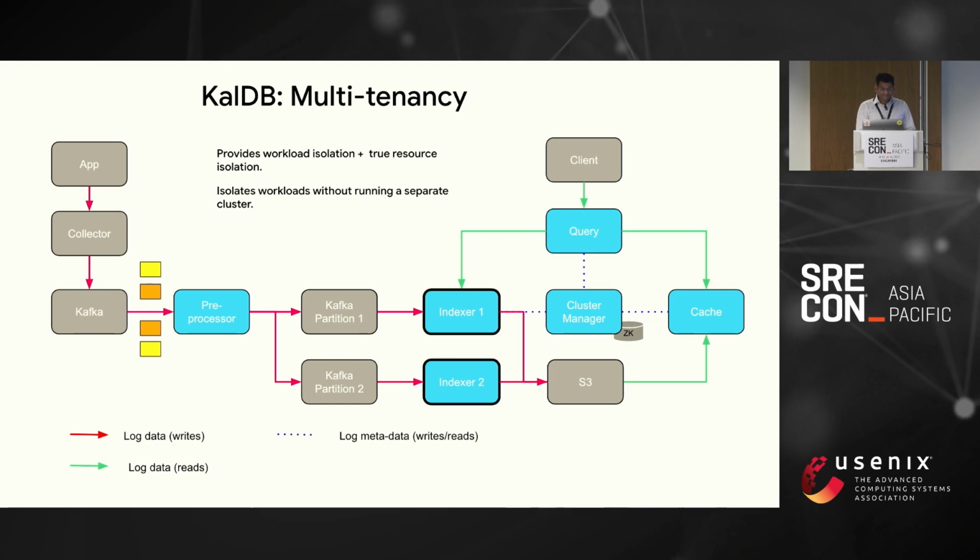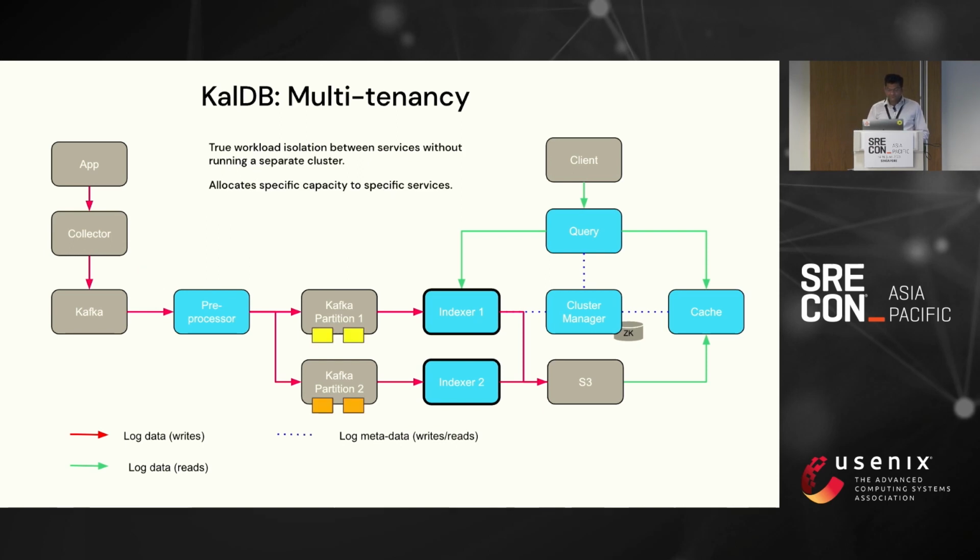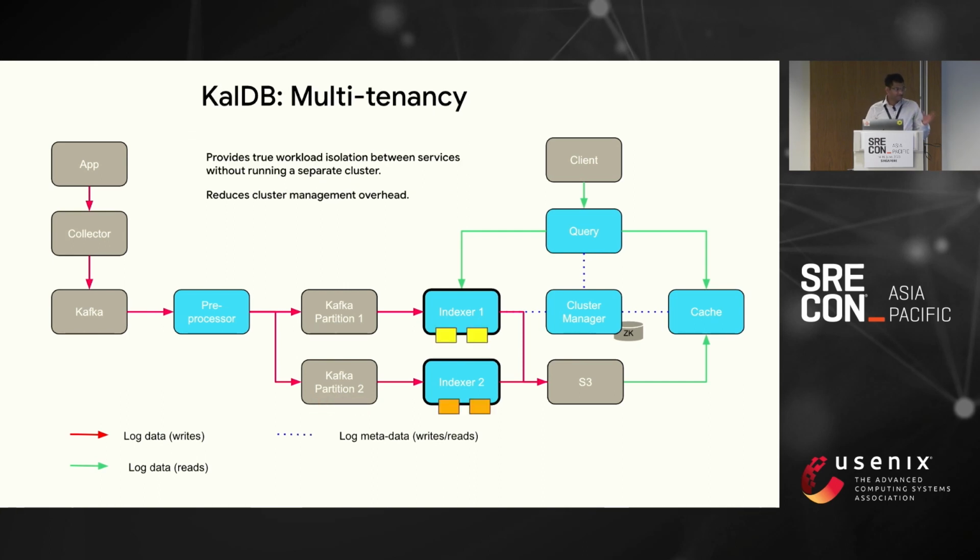So we wanted to provide true resource isolation for these use cases. Let's see how Kaldb can isolate workloads without running separate clusters. Let's say you have two applications, right? A yellow application and an orange application. The preprocessor sees these yellow logs and orange logs and writes the yellow logs to Kafka partition 1, and the orange logs to Kafka partition 2. The indexer, because it ties to a specific partition, indexes the yellow logs in indexer 1, and the orange logs go to indexer 2.